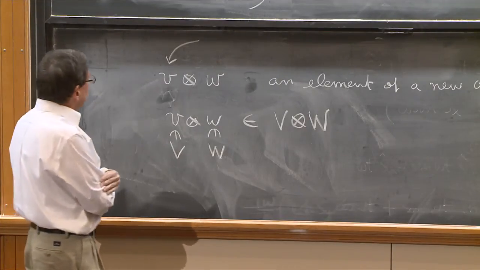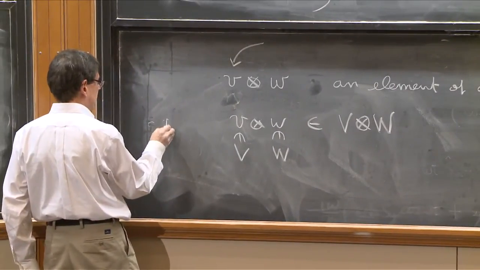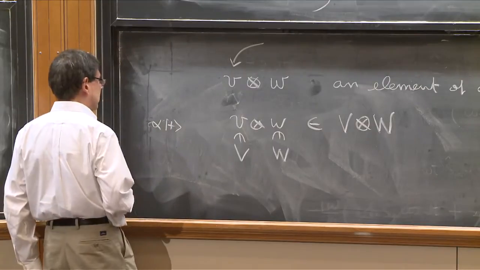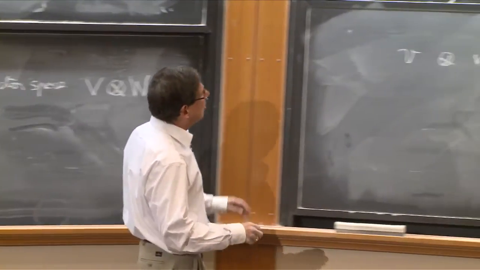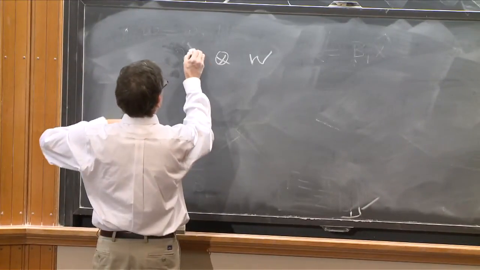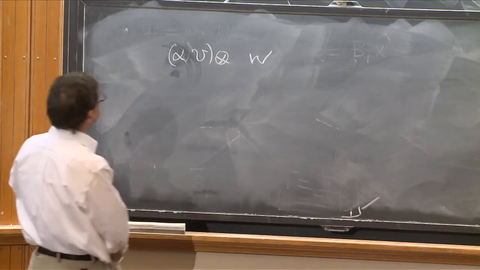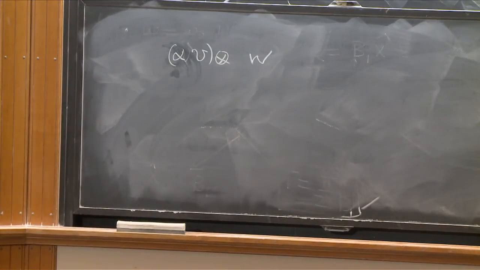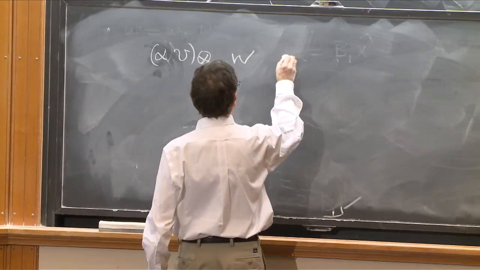Now you say, look, when I had states plus, minus, you put constants in front of them. So I'll put a constant in front of this, alpha v tensor w. Well, is this something related?